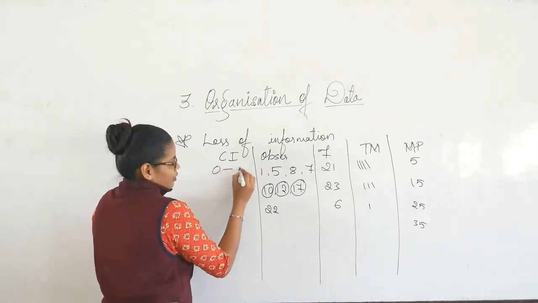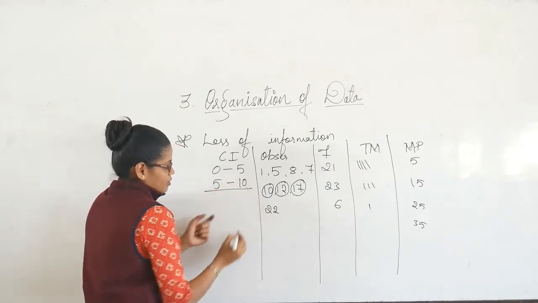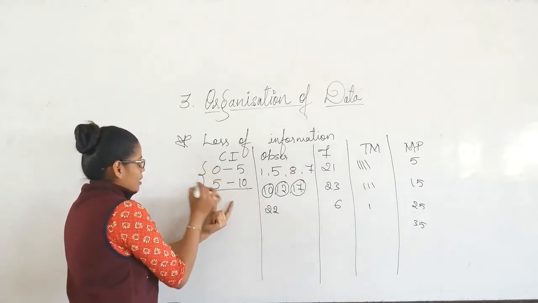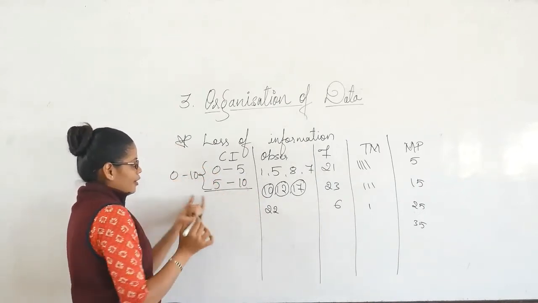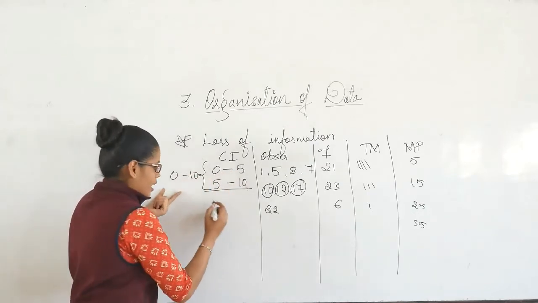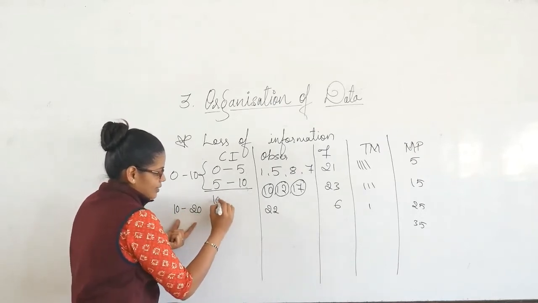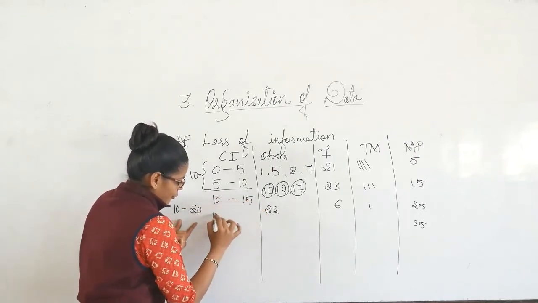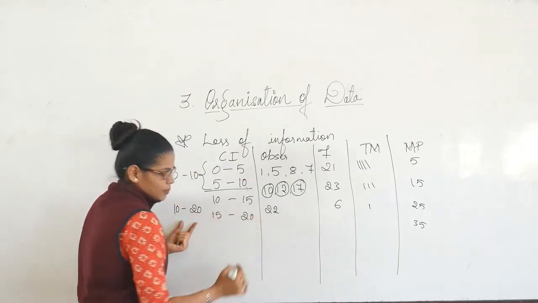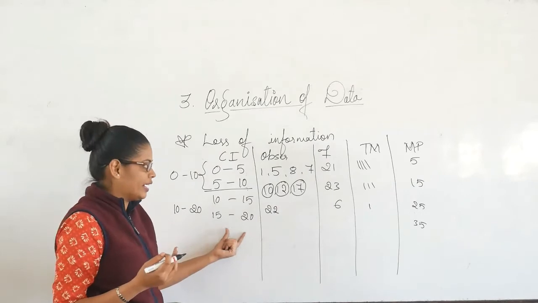So from 0 to 10, we divided this class interval into 2: 0 to 5 and 5 to 10. Now, from 10 to 20, we have divided this as 10 to 15 and 15 to 20. So, this gives us more accurate information, right?